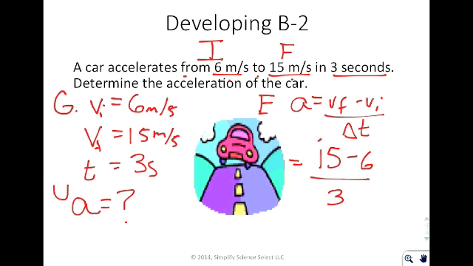Please make sure that you go ahead and do 15 minus 6 first, and then hit enter, and then divide by 3. If you were to hit 15 minus 6 divided by 3, it would take 6 and divide it by 3 first, and then subtract it from 15, and that's not what you want. So make sure you do the numerator, or the top, first, and you would get 9 divided by 3, which would give you 3 meters per second squared.